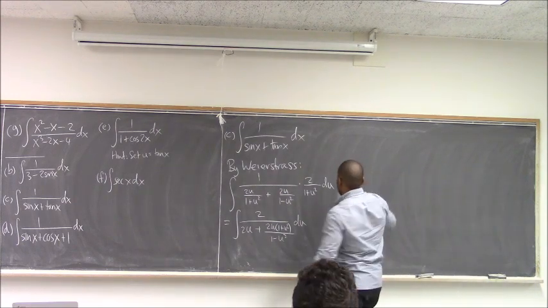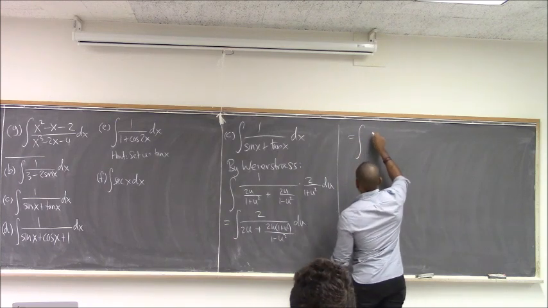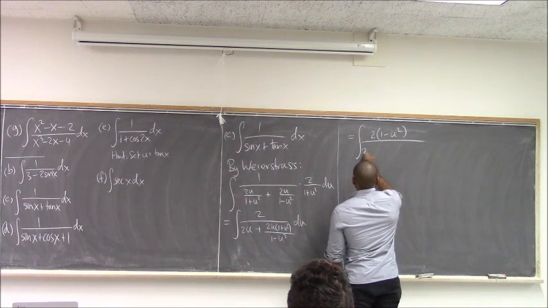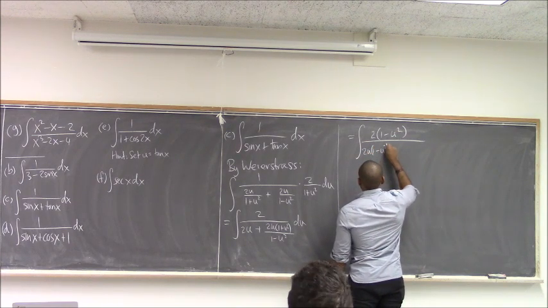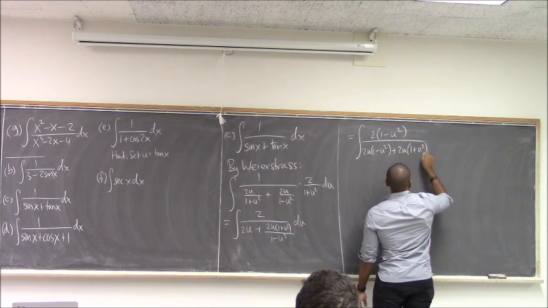Multiply by 1 minus u squared over 1 minus u squared. That's the quickest way to simplify a complex fraction. So it's 2 times 1 minus u squared over 2u times 1 minus u squared plus 2u times 1 plus u squared.